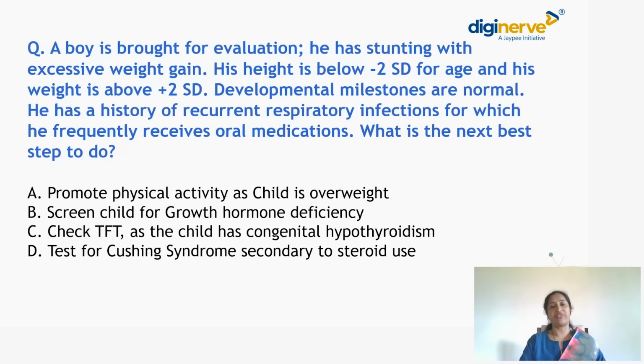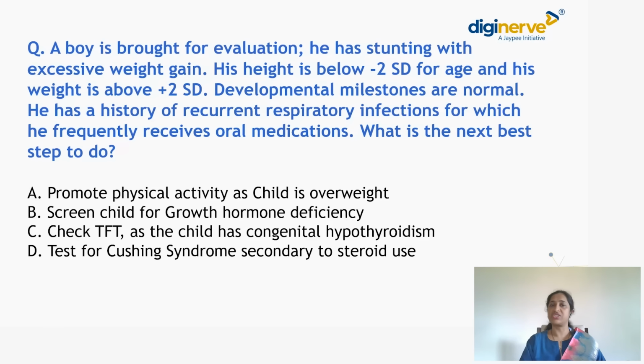C, check thyroid function test. Now, let me tell you one thing. In thyroid, you do have obesity. So you have a child who is short, you have a child who is obese, you also will have a child who has had recent scholastic backwardness, a child who always says it's cold even though it is quite warm and sunny, a child who is not interested in playing, whose skin has become dry.